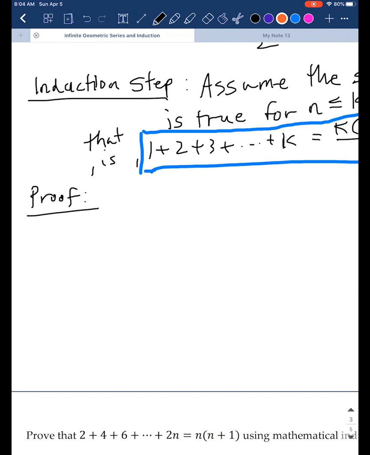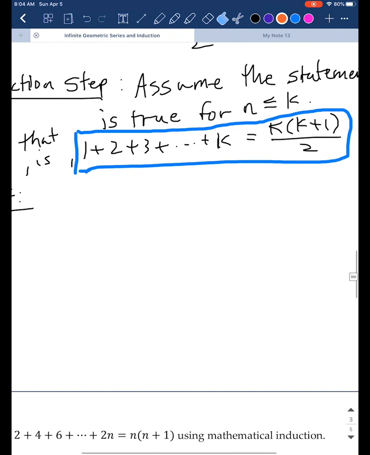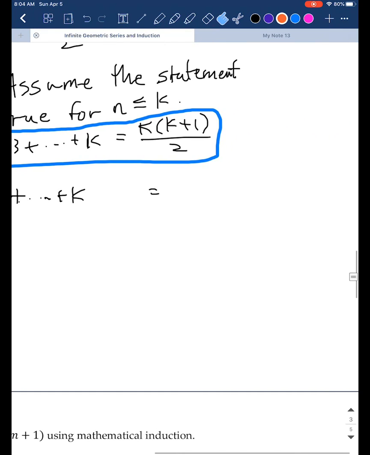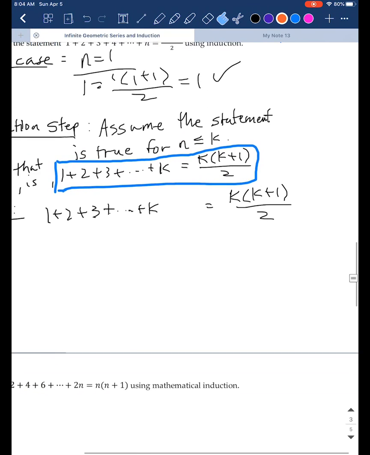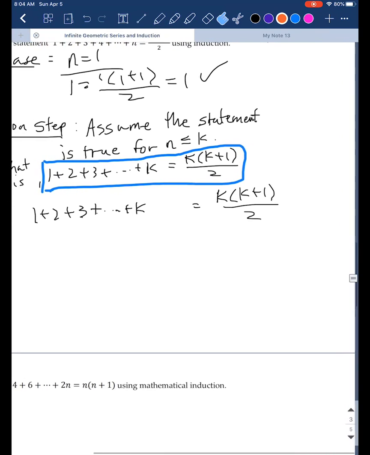So for our proof, our first step is just to rewrite our assumption with that next term written. So I'm going to have 1 plus 2 plus 3 plus ... plus k is equal to k times k plus 1 over 2. Okay, so far this statement is true by our assumption.